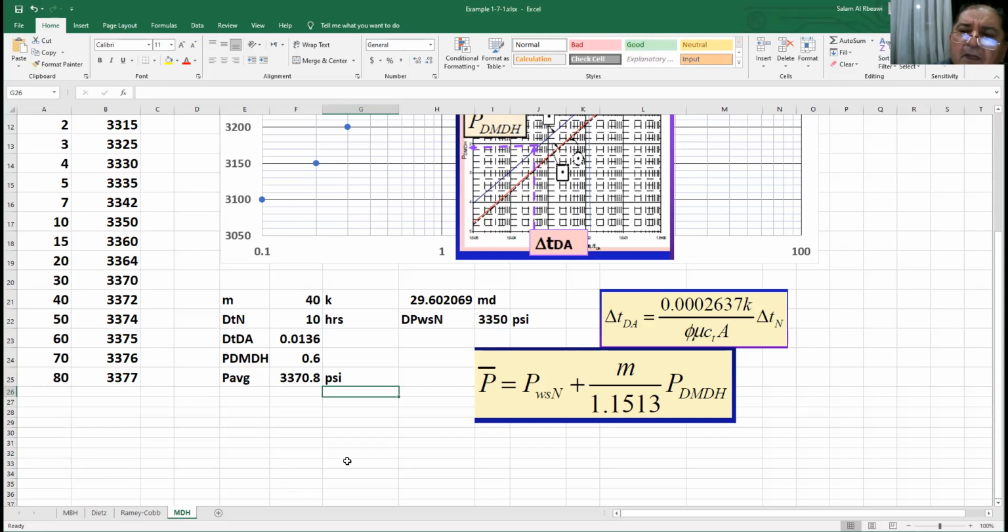Okay. These are the main four techniques to calculate average reservoir pressure. And of course, guys, as I told you before, we may also have two others, but they are not important. The first one is the external pressure method, while the second one is the direct method.